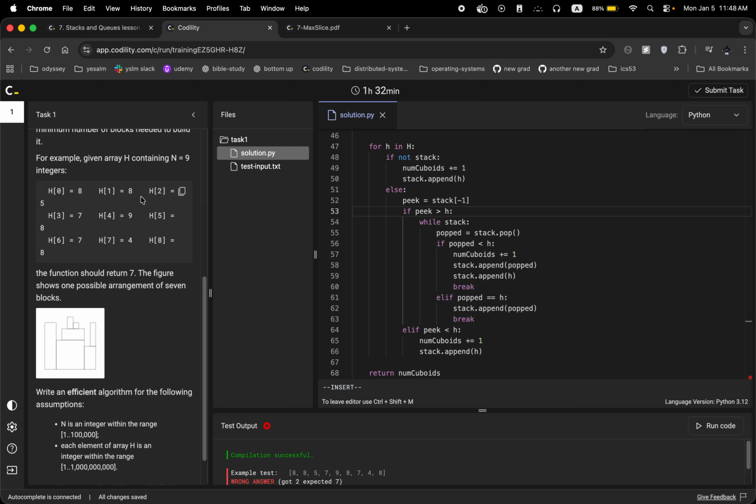So we don't increment anything, so that's 1. h is 5, so h is less than peak. So what happens, you're going to iterate the stack here, pop the stack.